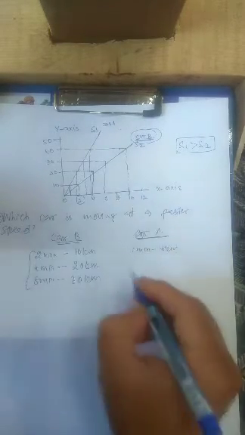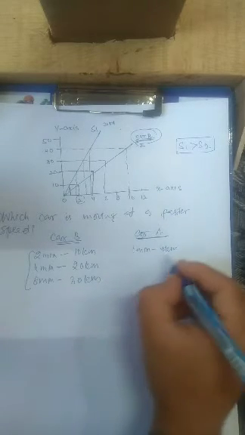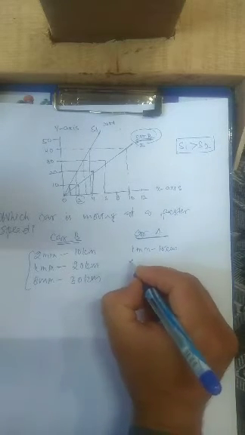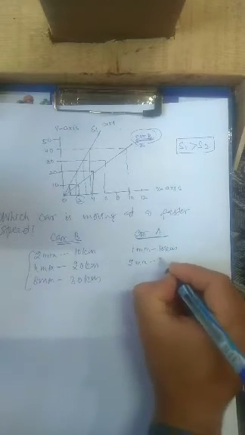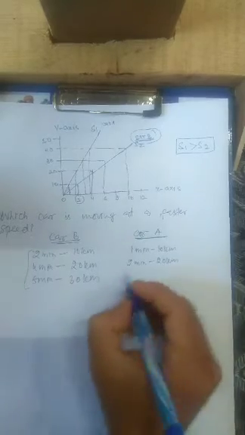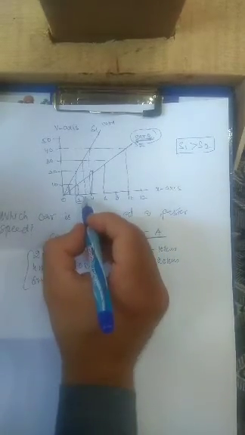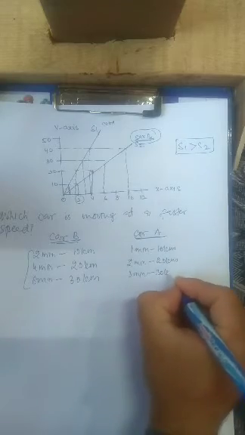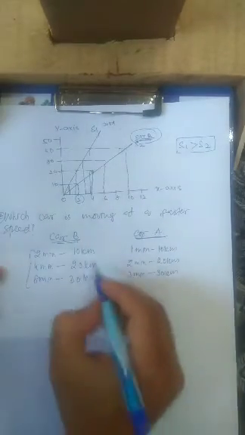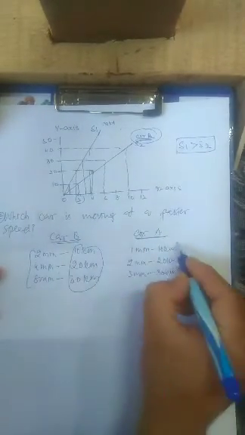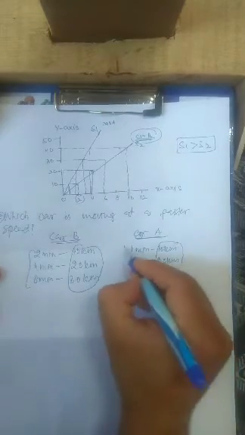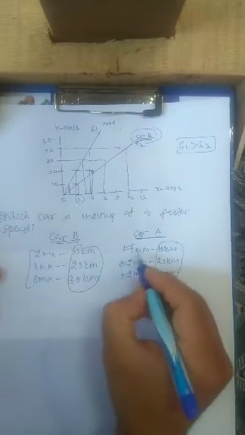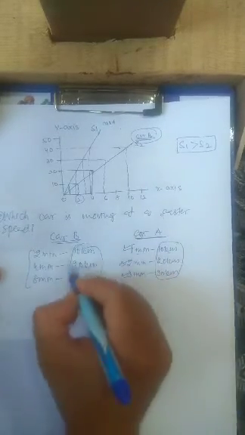In 2 minutes, it has covered 20 kilometers. Similarly, after completion of 3 minutes, it has covered a distance of 30 kilometers. That means the distance covered is the same, but this car A is taking less time in completing the same distance.